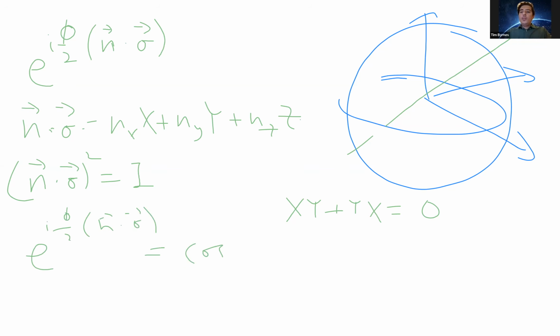because this thing will be equal to cosine of phi/2 plus i sine phi/2 times n dot sigma. Okay, so I didn't have this in the slides, but that's just for your information if you ever need to calculate anything like that.